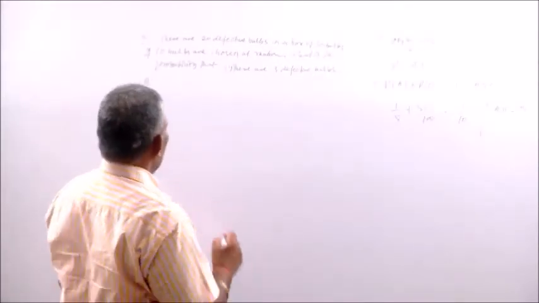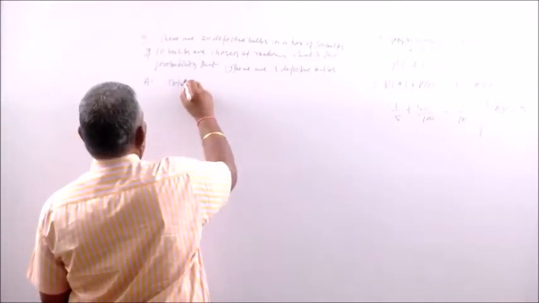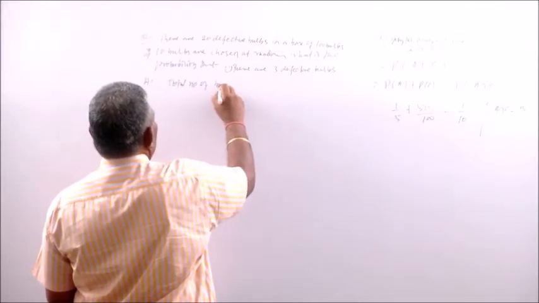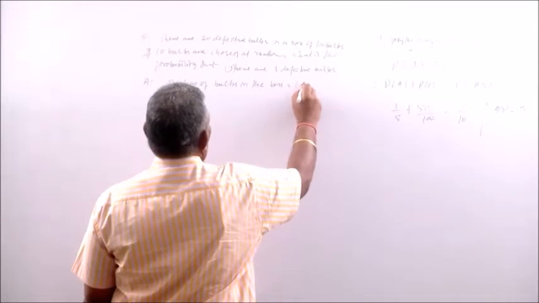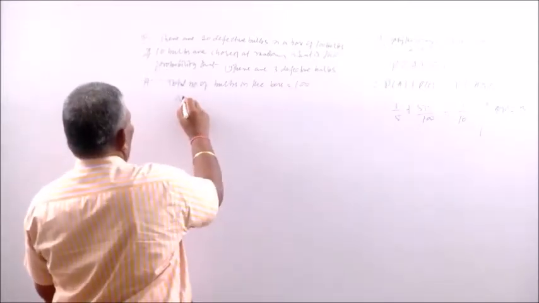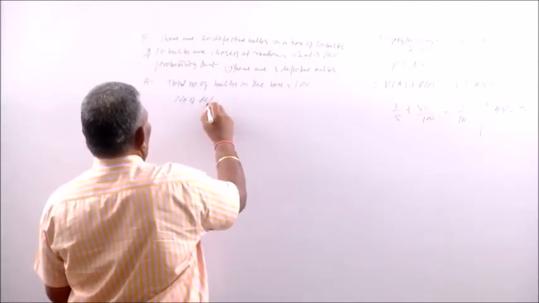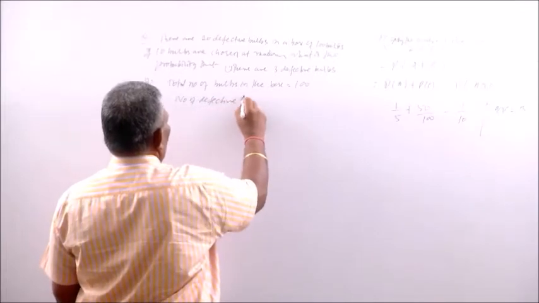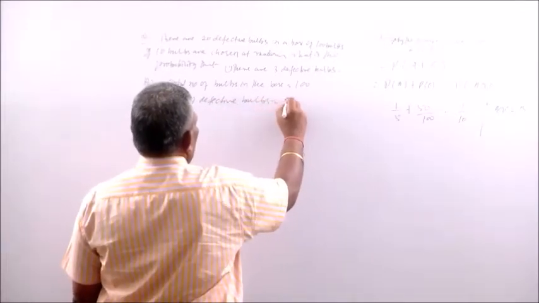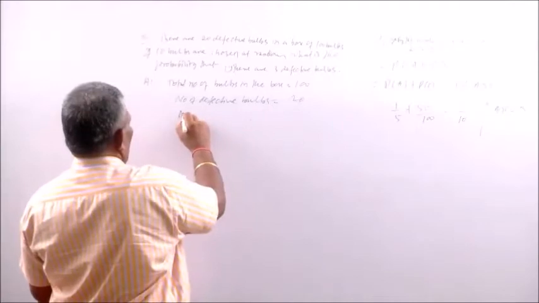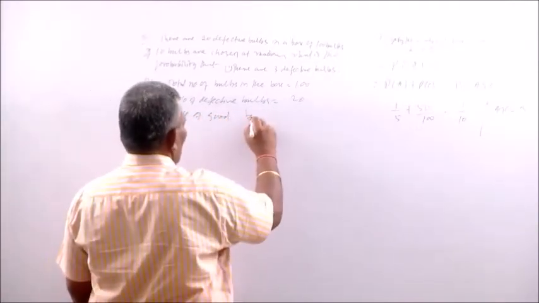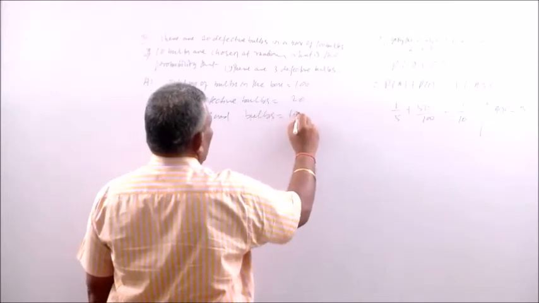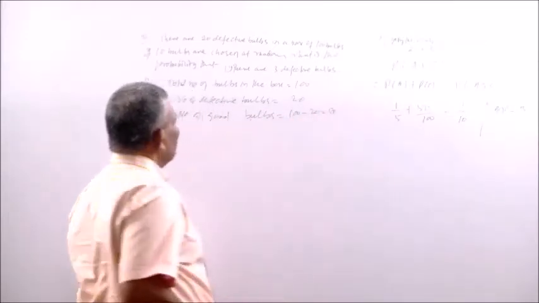See here, the total number of balls in the box is 100. Number of defective balls is 20. Number of non-defective or good balls is 100 minus 20, 80.